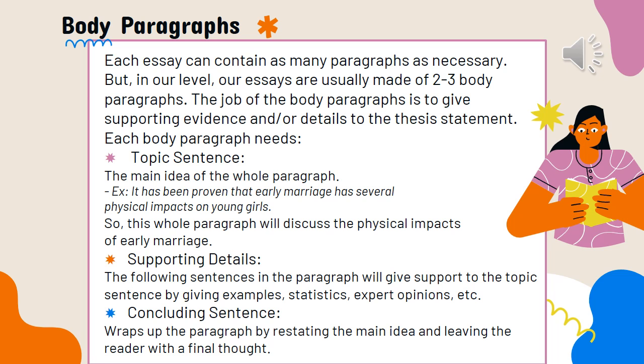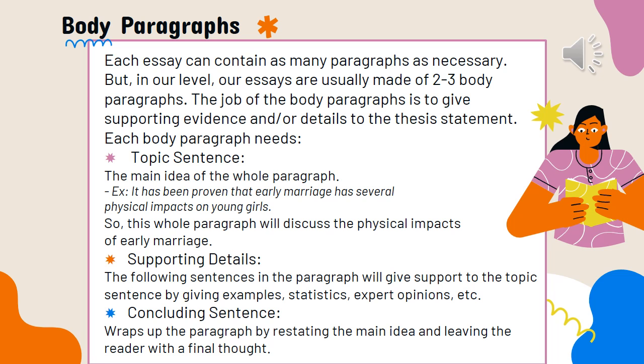And at the end of this paragraph, you will write the concluding sentence. As it says, it's concluding, so it wraps up the paragraph by restating the main idea and leaving the reader with a final thought. So we restate the main idea in different words.